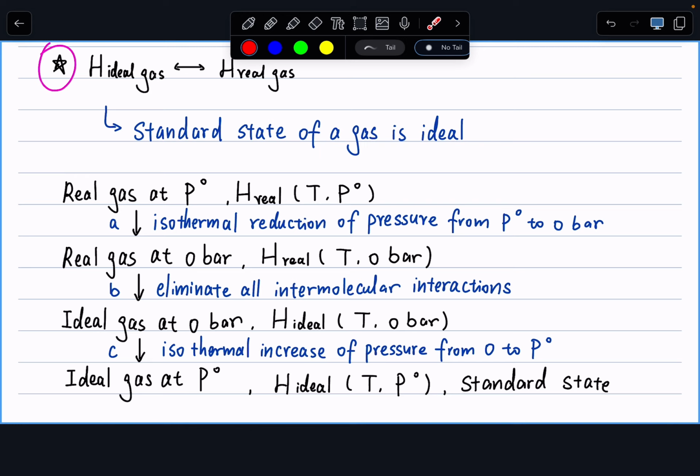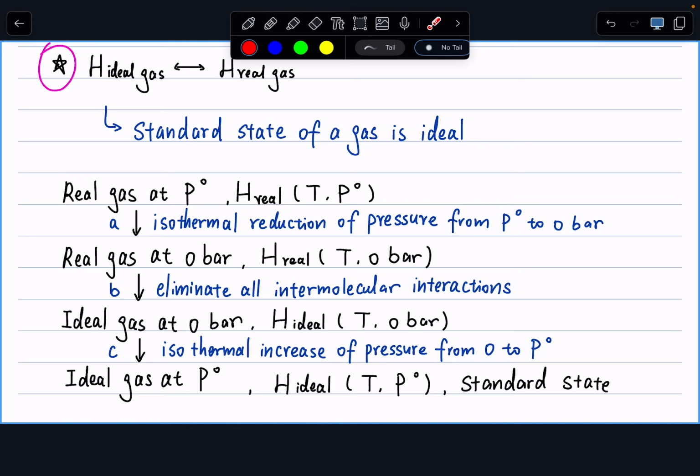Now my initial state is P naught, my final state is 0. The integrand is negative T V alpha plus V dP. Again, with the equation of state, you have an expression for alpha. You can express V as a function of P, and you can solve that integral. What about my B?